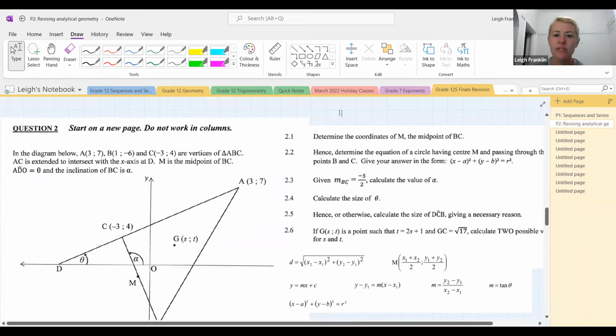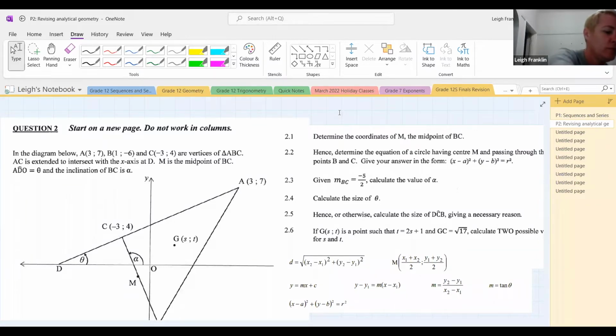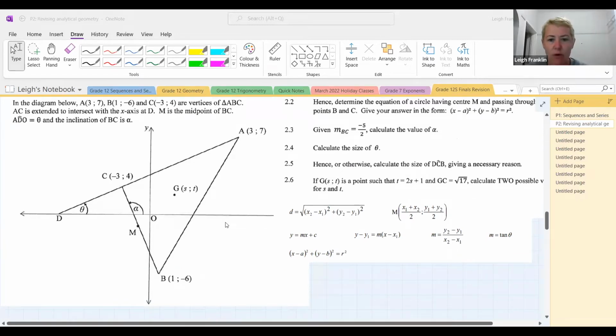Okay, so the coordinates of M, the midpoint of BC. Can you guys do that? Can you see B? Sorry, can you see there? Of course. There you go.